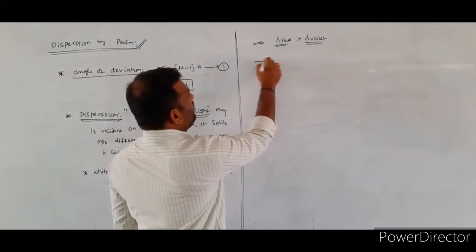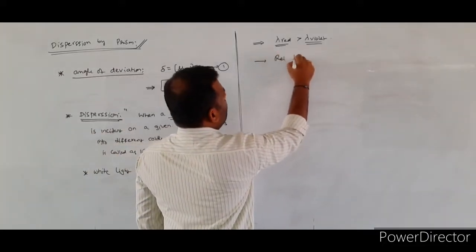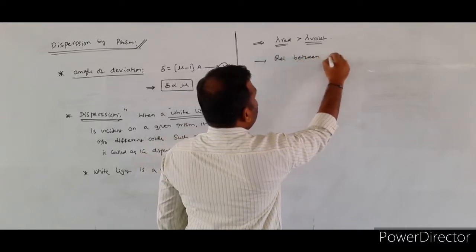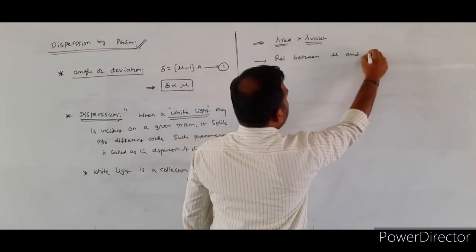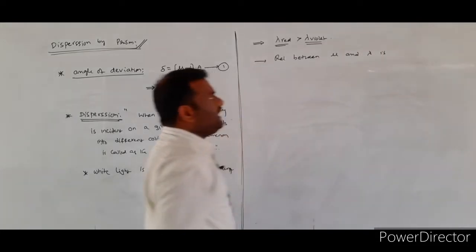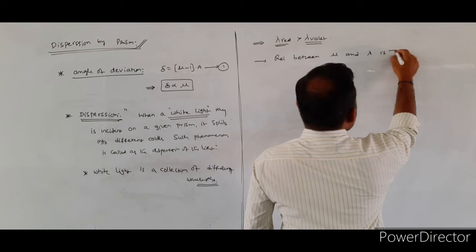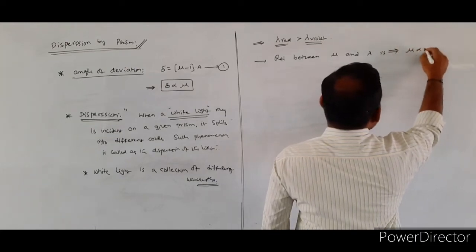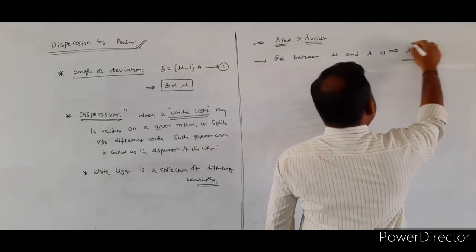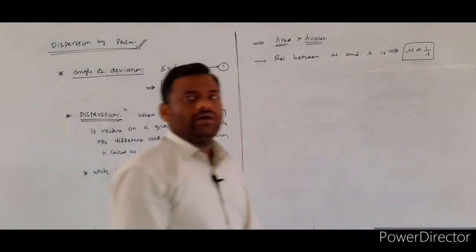The relation between refractive index and wavelength is given by: refractive index mu is inversely proportional to the wavelength.